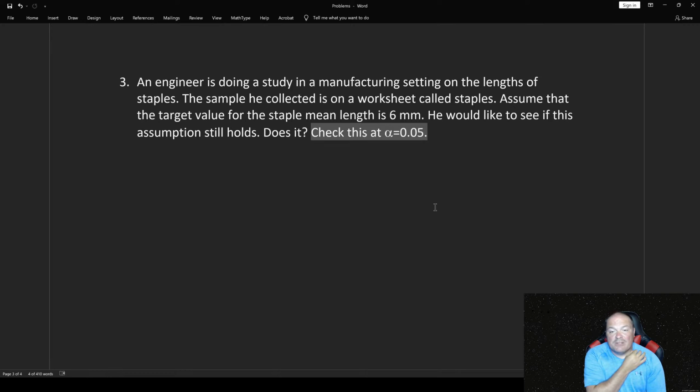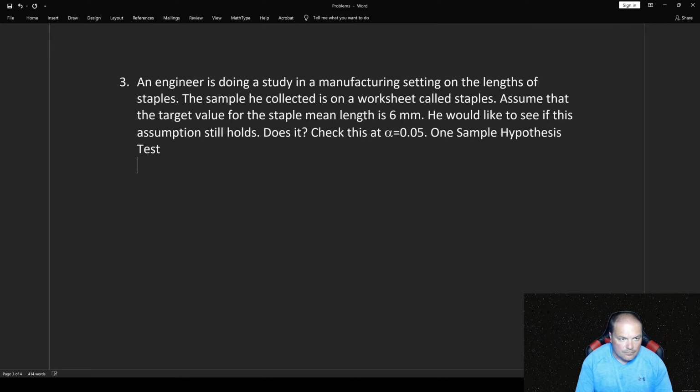Okay? Now, the first thing that we're going to need to do, okay, so we know this is a one sample hypothesis test. We also know that the hypothesized mean is 6. Okay, 6 millimeters. Now, the things we have to decide from here are: what's our alternative, which is HA?